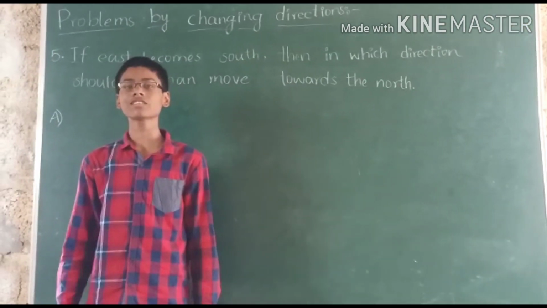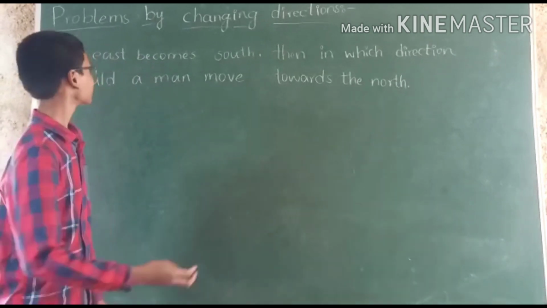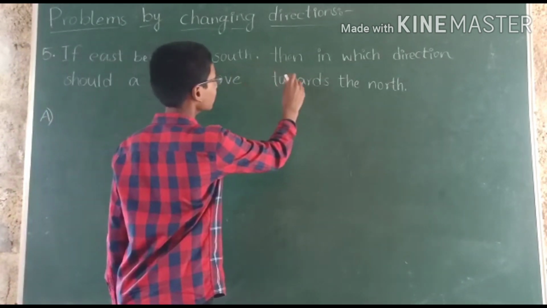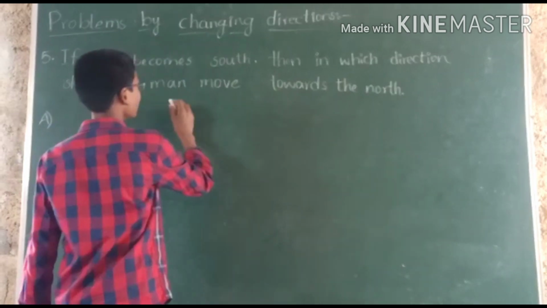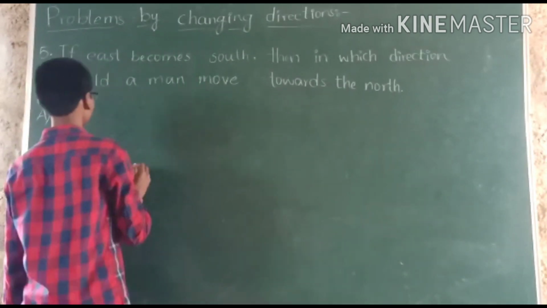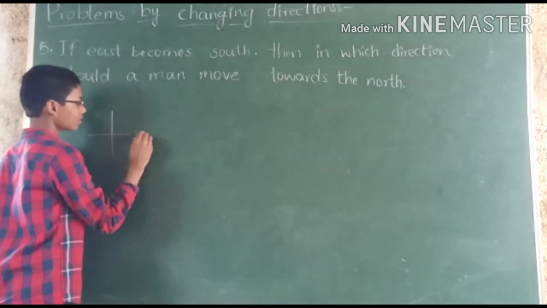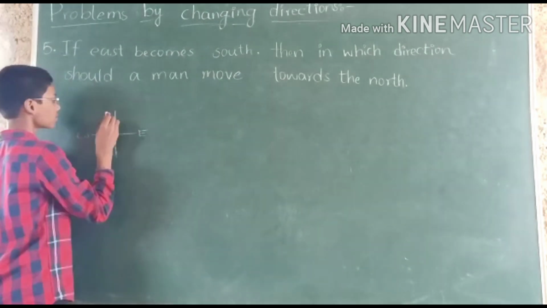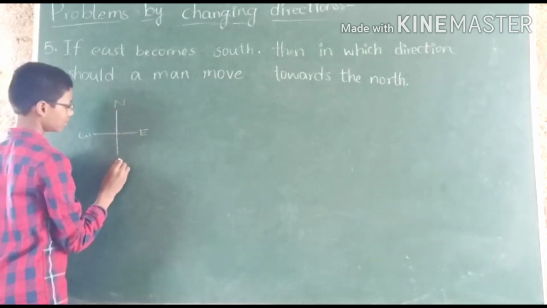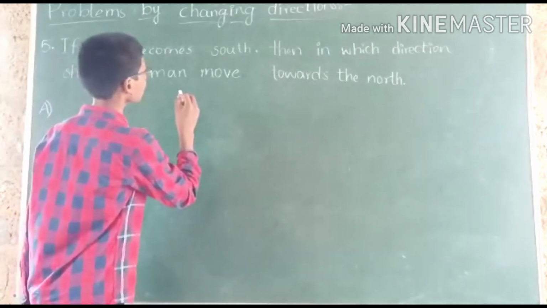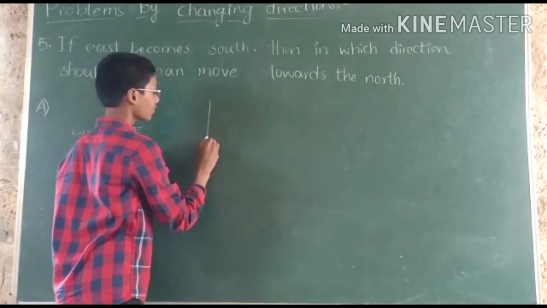Now let me explain some problems by changing directions. If east becomes south, then in which direction should a man move towards north? Actual, this is east, this is west, this is north and this is south. But in question, the directions have changed.